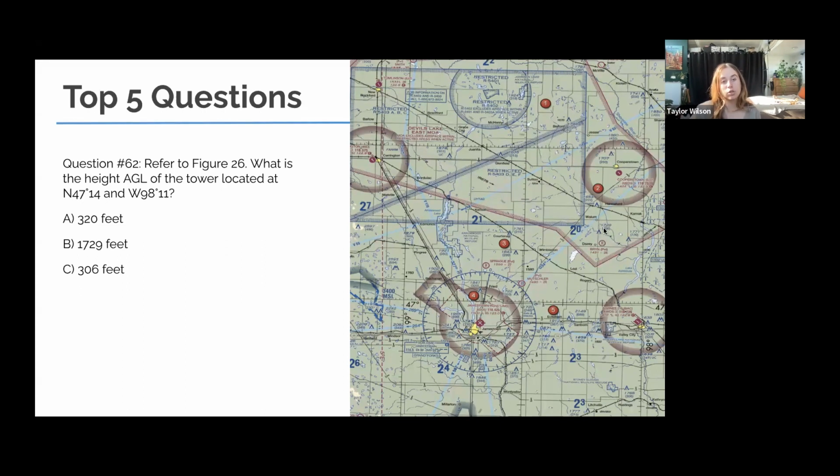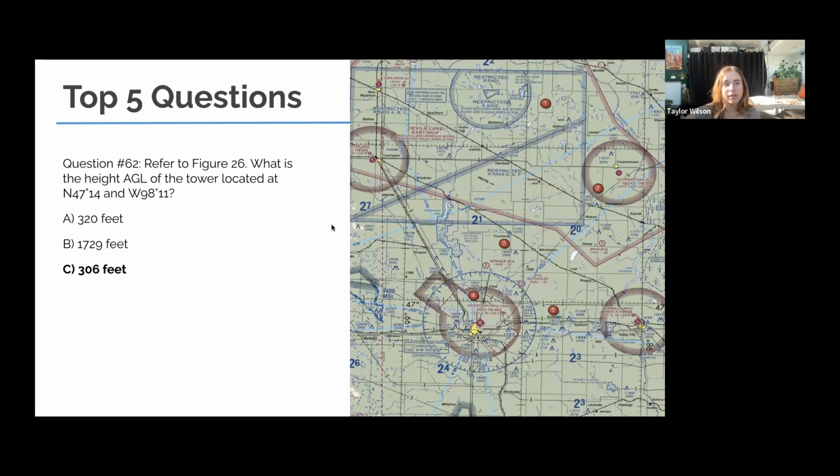Now it gives us two altitudes. This question is specifically asking us for AGL. The number on top, the 1729, is the altitude of that tower or obstruction in MSL. The altitude in AGL is in parentheses below that. These two have two obstacles pretty close to each other, so you have to be pretty precise with the coordinates.